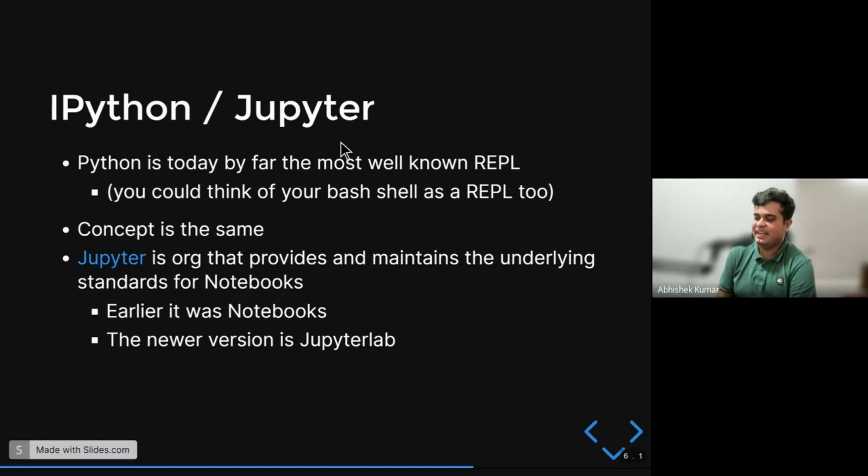This was again one of the things pointed out in the WhatsApp group discussion when we were discussing REPLs. Jupyter stands for Julia, Python, and R, the most common languages it was initially designed for. But now Jupyter also supports Cling and C++ kernels. That's also interesting, and we'll see that in the demo.